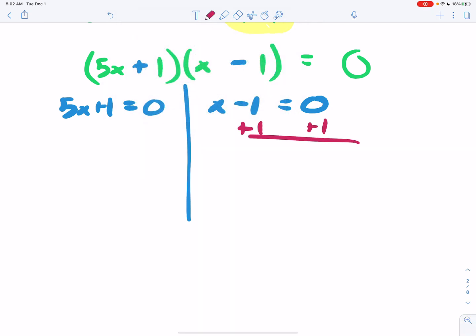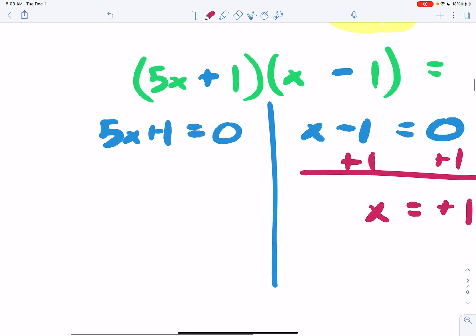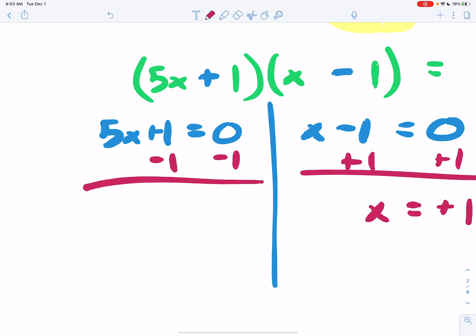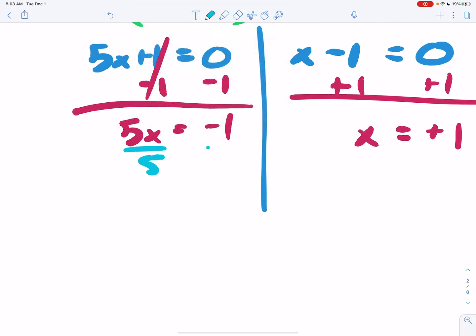But here's the reason why it works. We add 1 to both sides, so x comes out to a positive 1. But notice how it's a little bit more detailed on the left side here. We have to actually do 2 steps. We have to subtract 1. We get 5x equals a negative 1. And then we actually have to divide by 5.